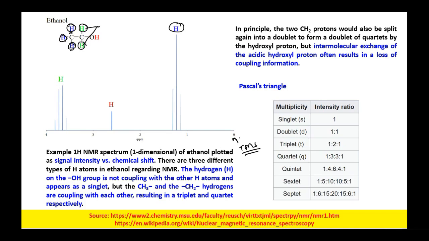So we need to look into the neighboring hydrogen atoms. How many neighboring hydrogen atoms are there? In this case, there are 2 neighboring hydrogen atoms.